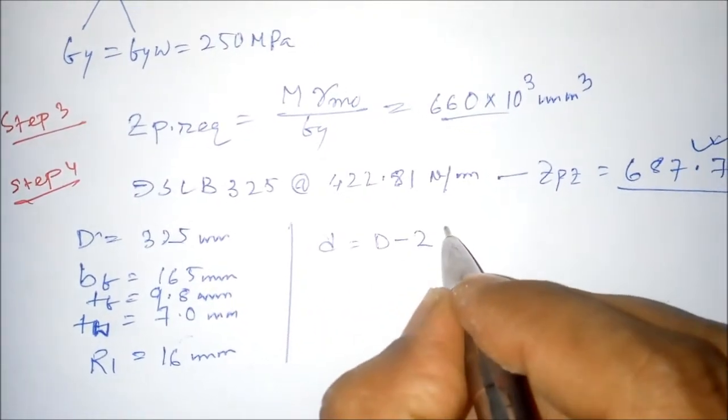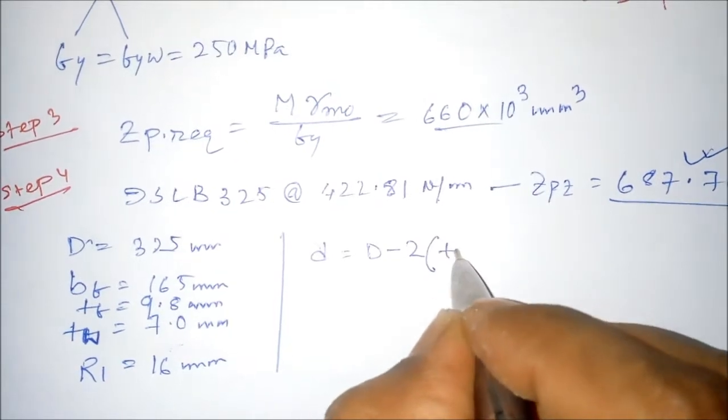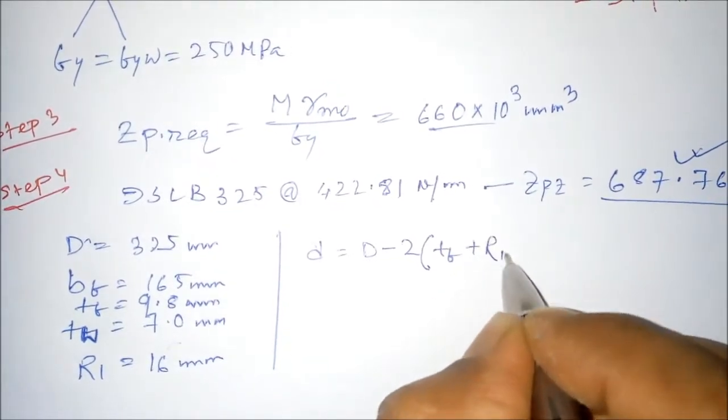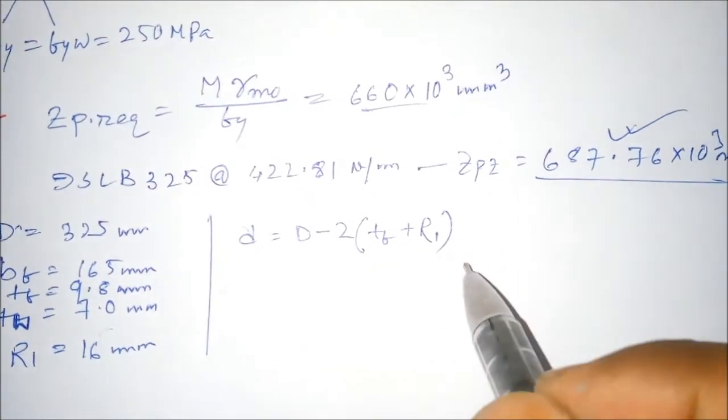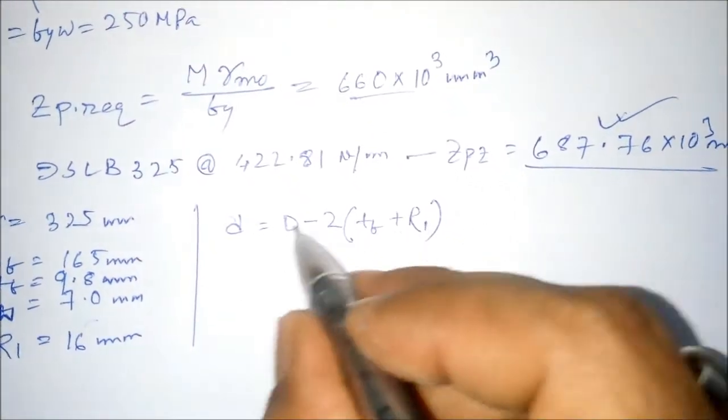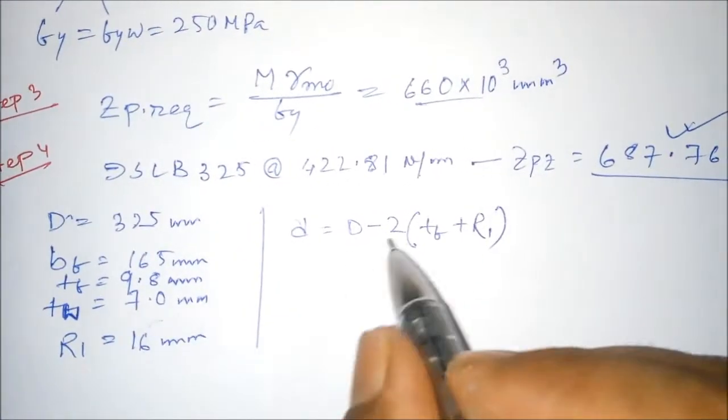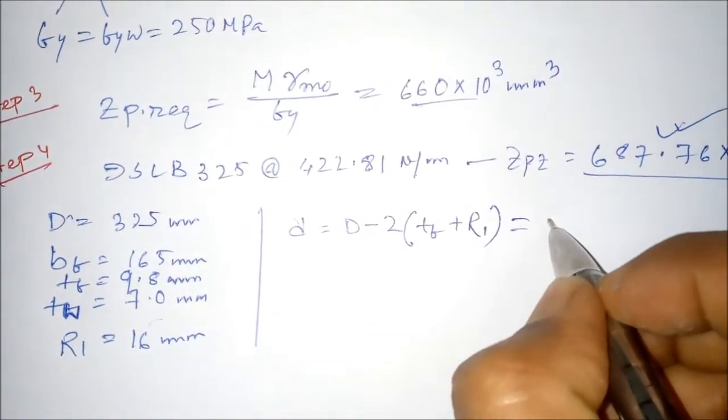that is capital D minus 2 into thickness of the flange plus root radius. How we are getting this equation I have already told you in the last class. So if you put all the values from there, you can find out the value of small d.